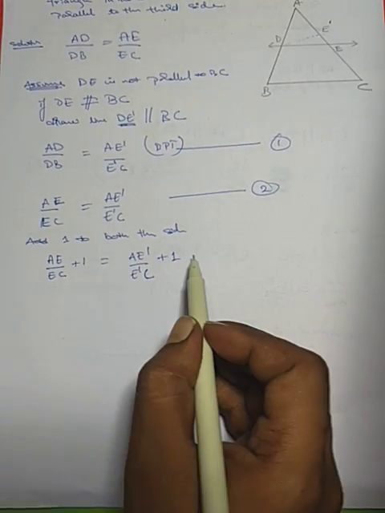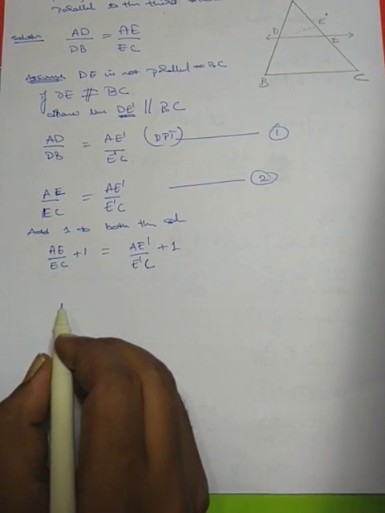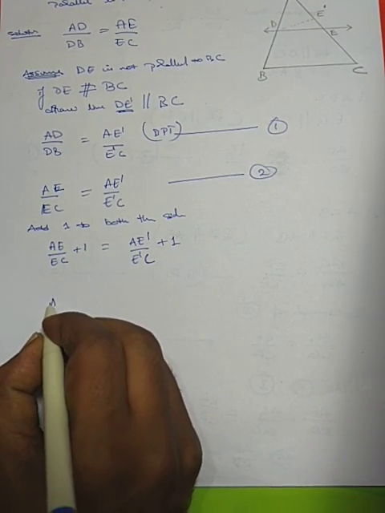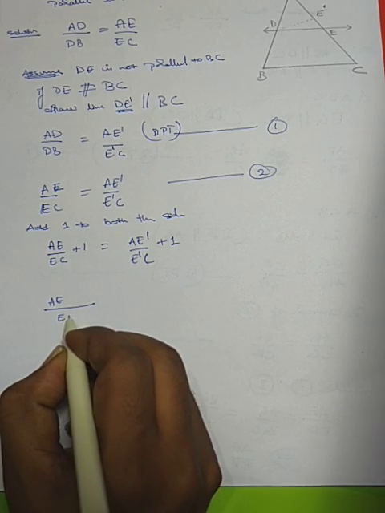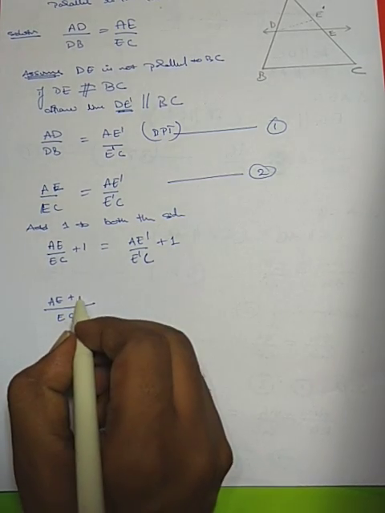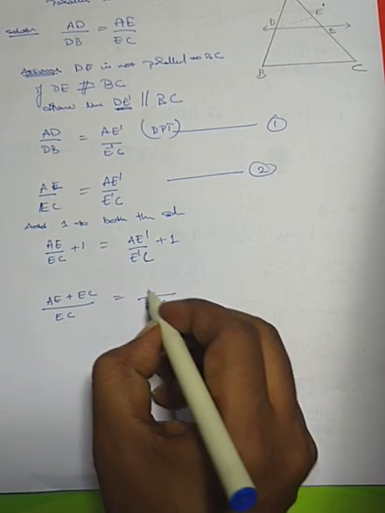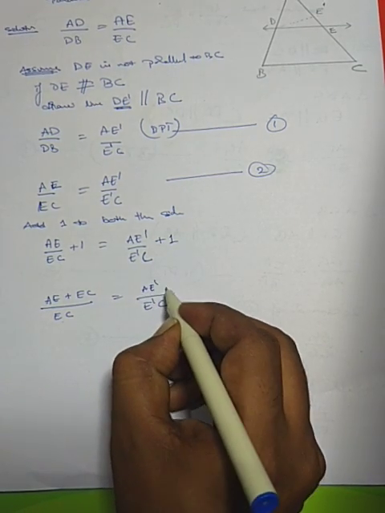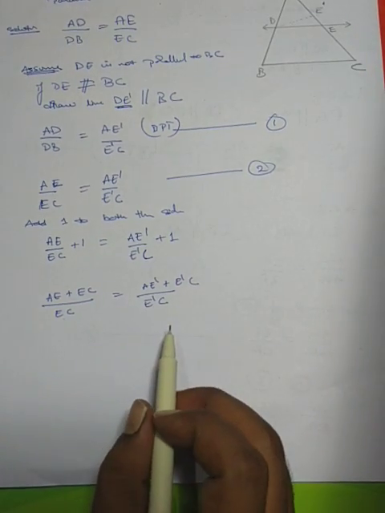So if we evaluate this, what do we get? AE plus EC over EC is equal to AE dash plus E dash C over E dash C.